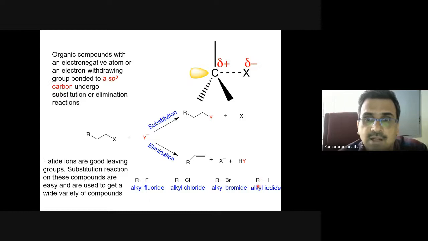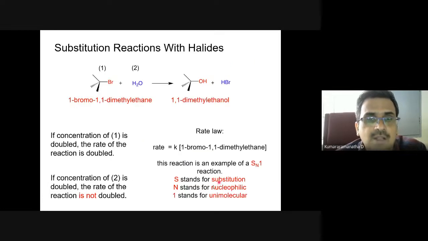Because of the bigger sizes of iodine and bromide. Now look at this reaction. I think many of you are familiar already by looking at this. You have a tertiary bromo compound or 2-bromo-2-methylpropane. If you have it like this, when you bring water to this, okay, what happens?